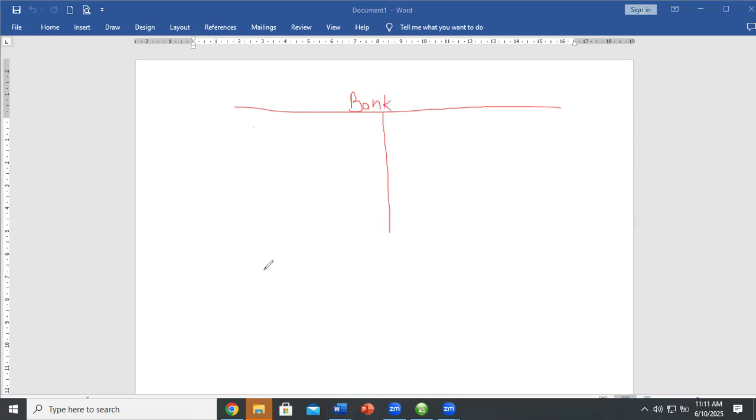Now, if you pick a bank statement, these are the things you see on it. You have a first column for date, a second column for the particulars, a third column for the debits, a fourth for the credits, and the last one is the balance column.